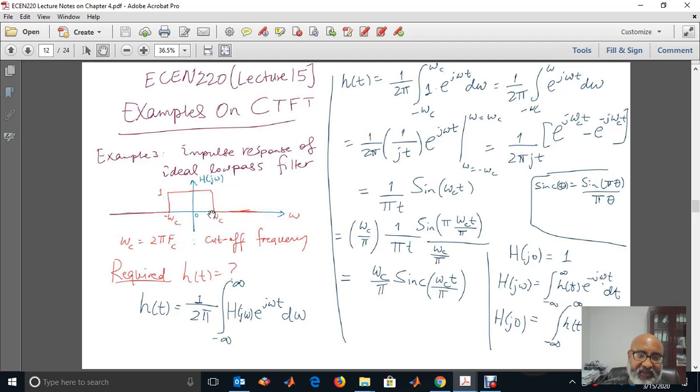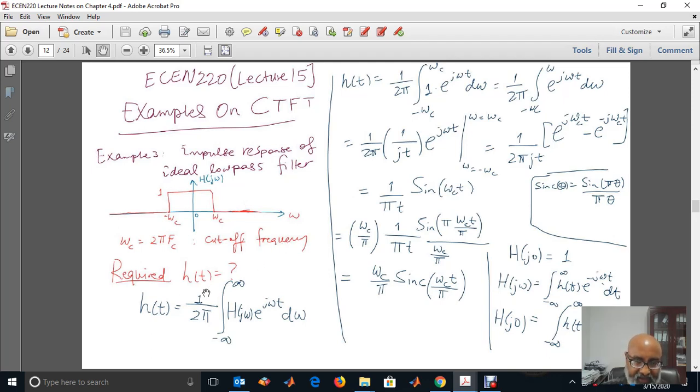So after omega c, it is completely 0. That's why it is an ideal low-pass filter. It is used as a benchmark for other filters. It is a reference, and it shows how good a low-pass filter is compared to this reference filter, the ideal low-pass filter.